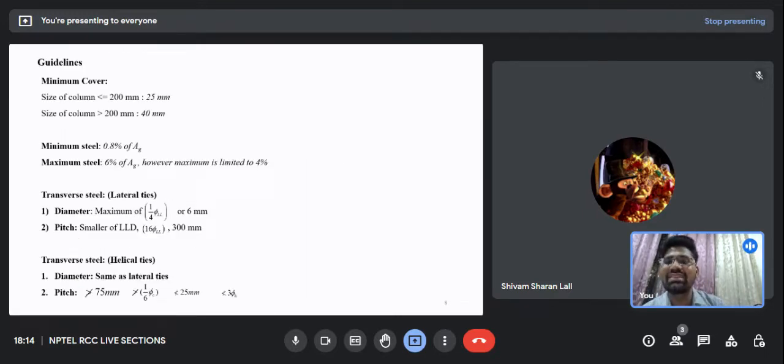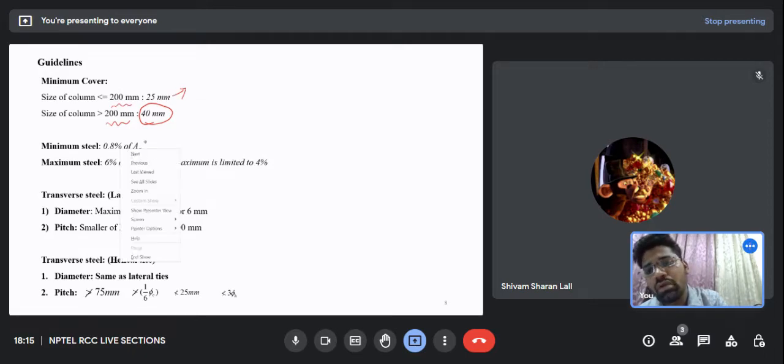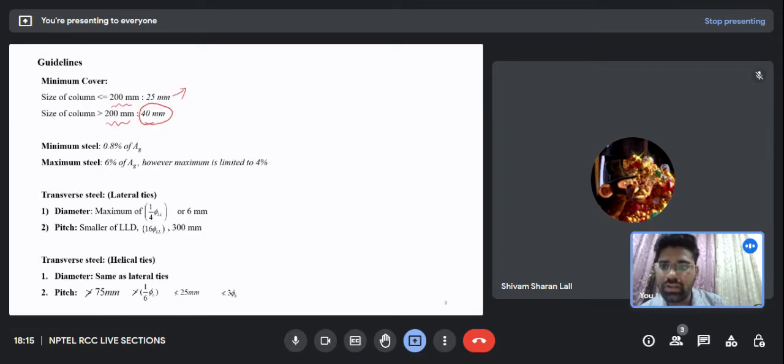Now a few other guidelines that I have summarized over here for you. So the minimum cover in a column should be 40 mm. This should be the minimum cover based upon the size. If the size is less than or equal to 200, then the minimum cover is 25 mm. Now coming to the minimum area of steel which should be present in the column.